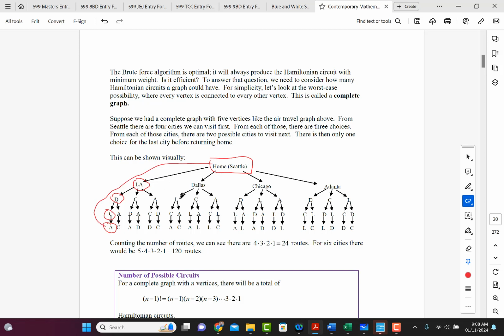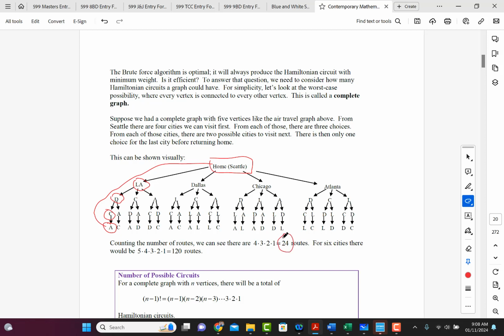Each branch of this tree leads to another option, another path of going home. So if we look at all of the different routes, how many different options are there?